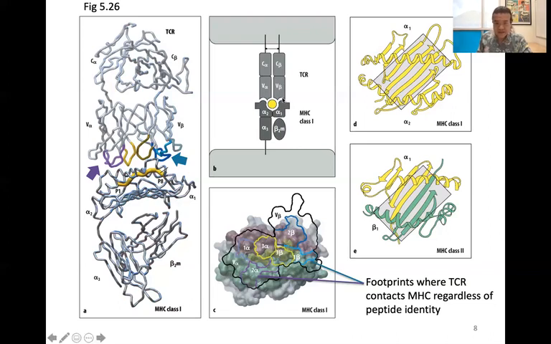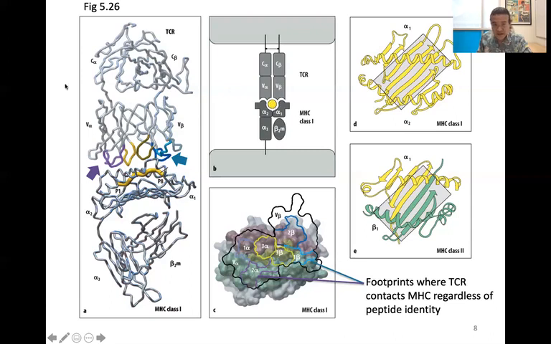So even in this illustration, which we've seen a lot of, you can already tell that much of the surface that's interacting between the TCR and the MHC is just between the TCR and the MHC itself, right? Only part of it, like this curved part in the middle, actually is the important part for being the right shape to bind this yellow dot.